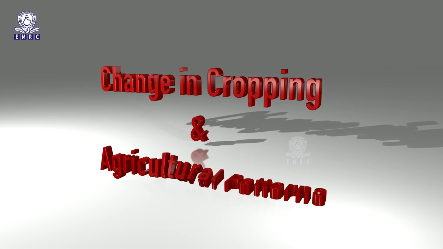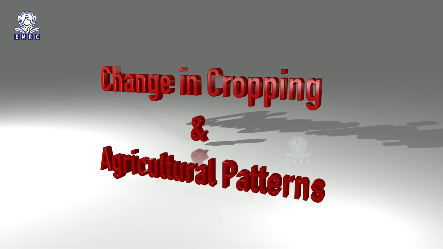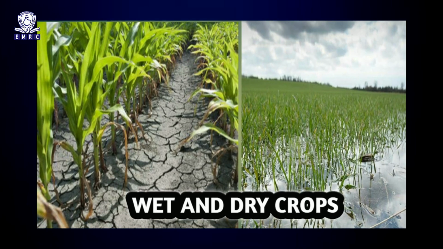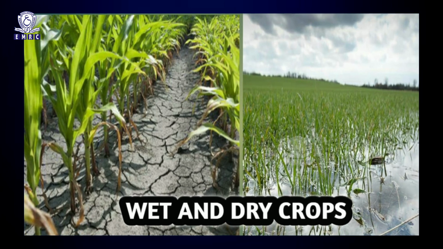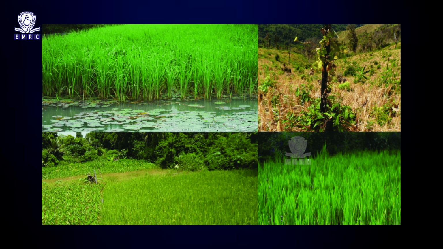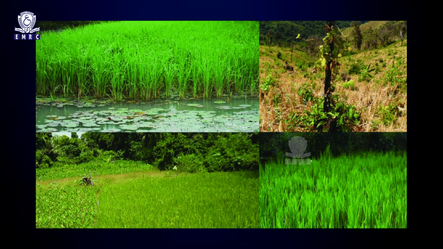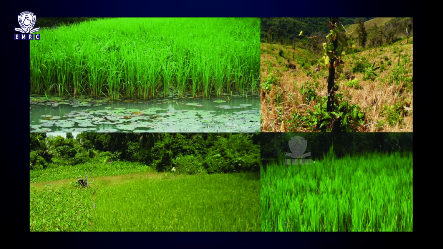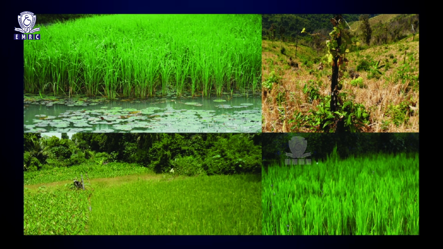Then the eighth aspect is change in cropping and agricultural patterns. In the Green Revolution areas, there has been a significant shift from dry to wet or irrigated cultivation, along with changes in the cropping pattern and type of crops grown.